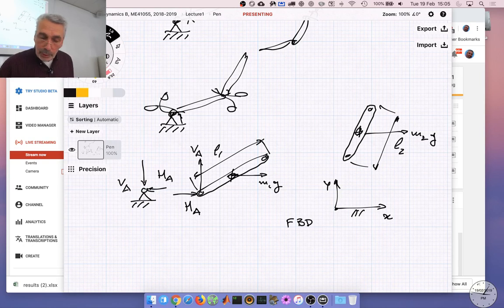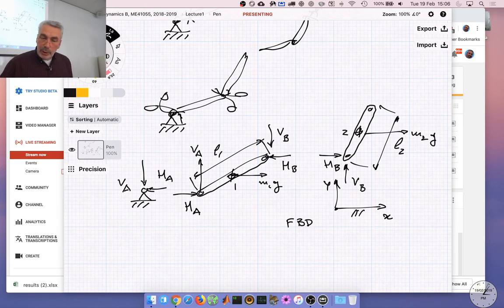We progress to the next body. Here we have a horizontal force in B, and likewise on the body here. And I choose vertical in B up and vertical in B down. This is body 1, this is body 2. These are free body diagrams. This is not a free body diagram, but I'd like to draw your attention to it: if you make two cuts, you always get three parts.